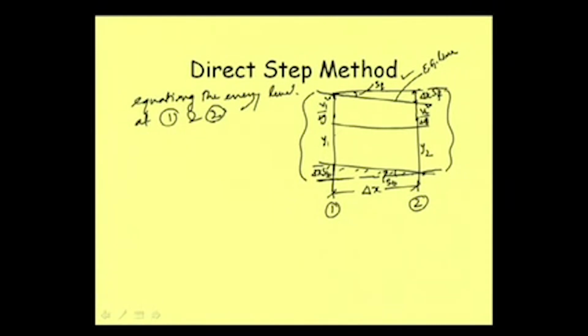Otherwise, the energy level here is definitely higher than the energy level here. The energy level upstream will be higher than the energy level downstream, but we are writing this delta x SF here. So we can write that delta x SB plus y1 plus v1 square by twice g is equal to delta x SF plus y2 plus v2 square by twice g.